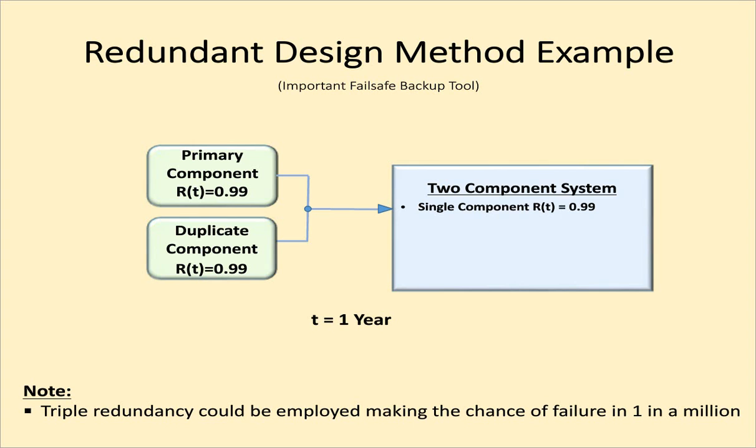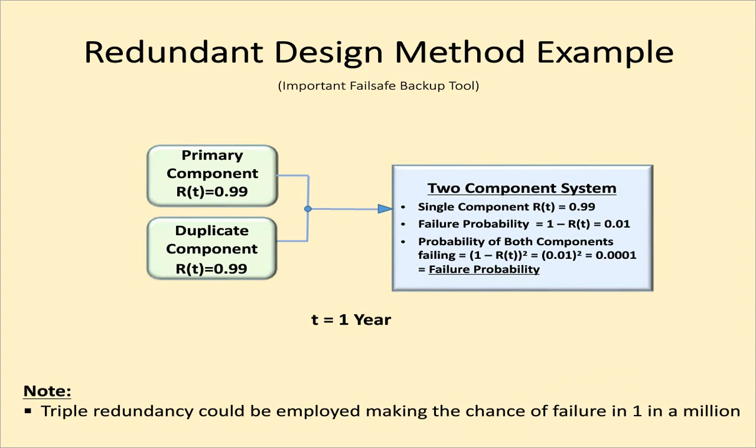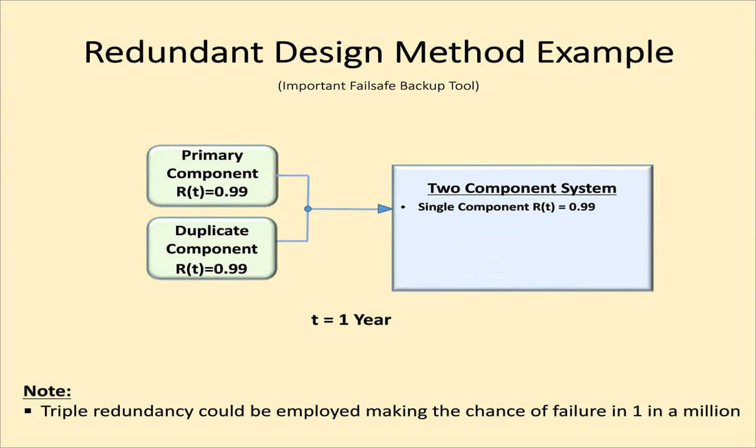So the failure probability is now 1% or 0.01 for 1 year. The way redundancy works is if the primary component fails, the duplicate component takes over and backs it up, and the system continues to operate properly without any problems.